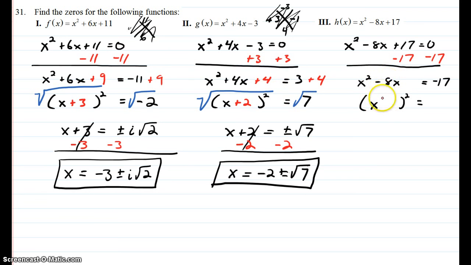So what's half of negative 8? It'd be negative 4. Negative 4 squared is positive 16. So we're going to add 16 to both sides. Negative 17 plus 16 is negative 1. Now we're going to square root both sides to get rid of the square.